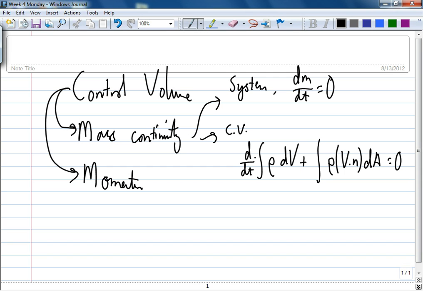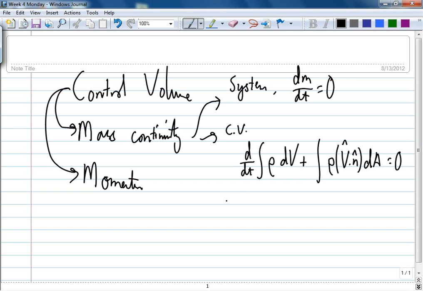This is integrating across the volume, summing up across the volume. This one sums up across the area. V is a vector, n is a vector, so V dot n automatically accounts for what's going out, positive.